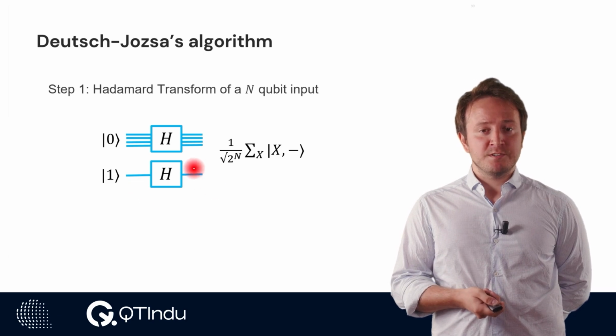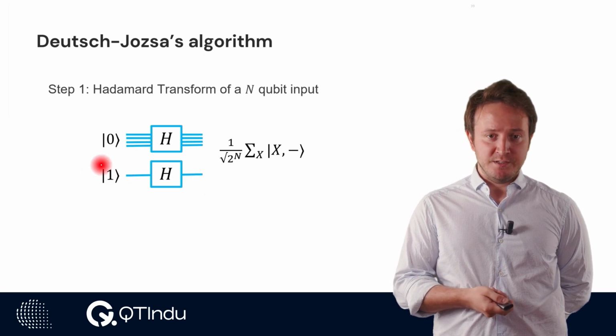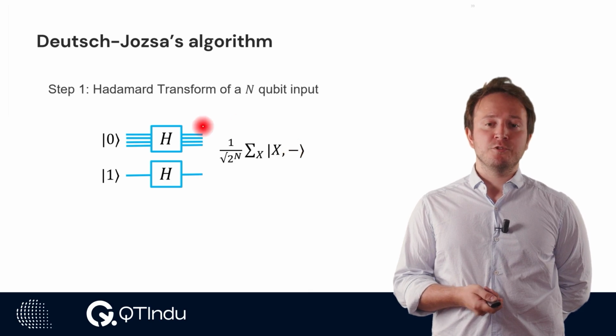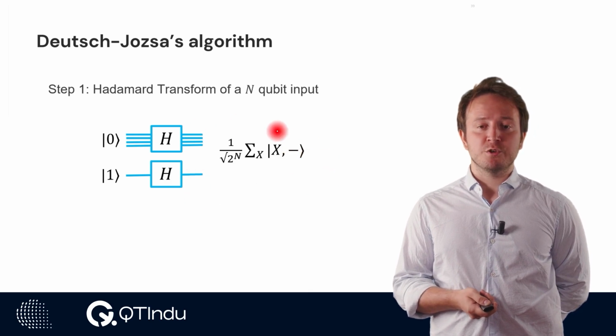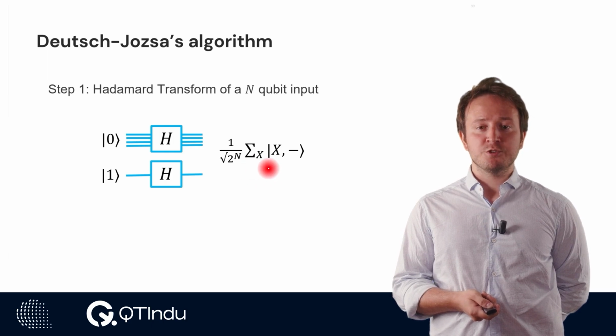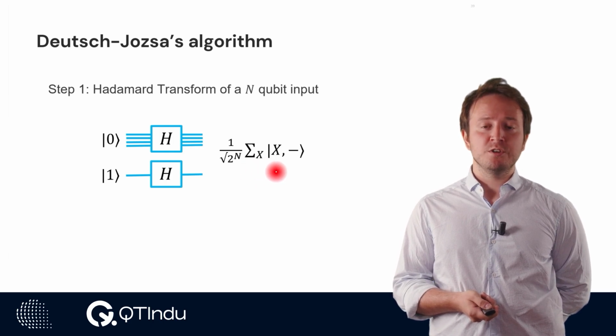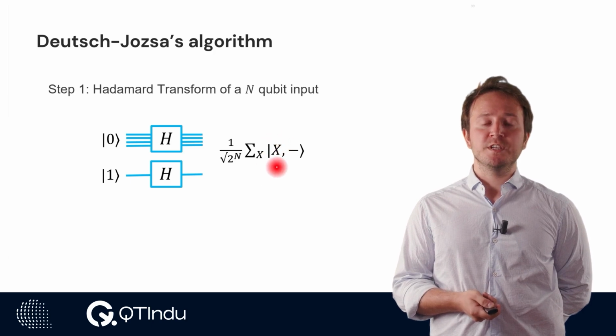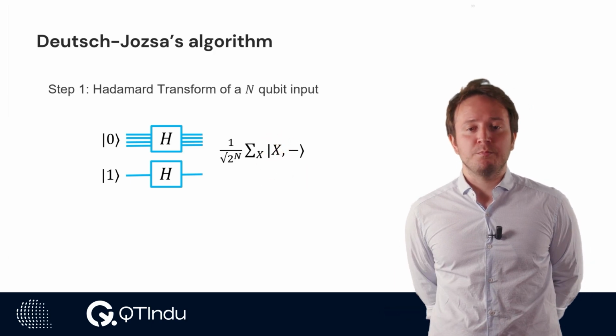When we Hadamard transform the ancillary qubit that is initialized in the state 1, we will get a minus state. So the output state after this step of the circuit will just be described by the coherent superposition of all strings x tensor product minus.